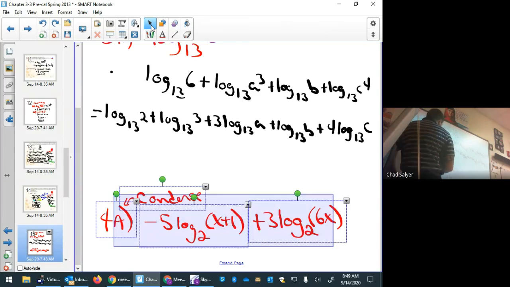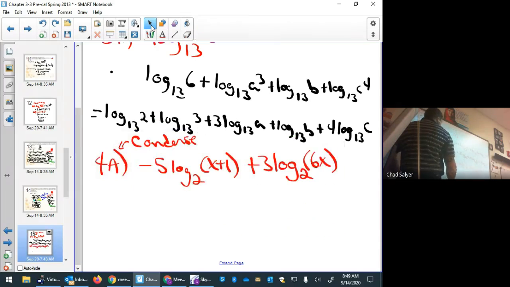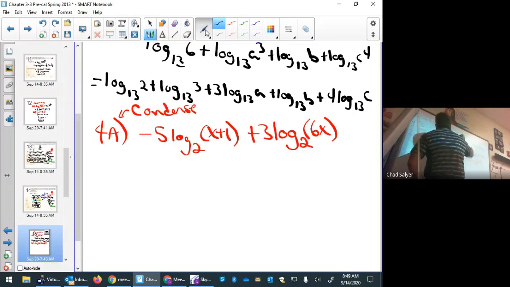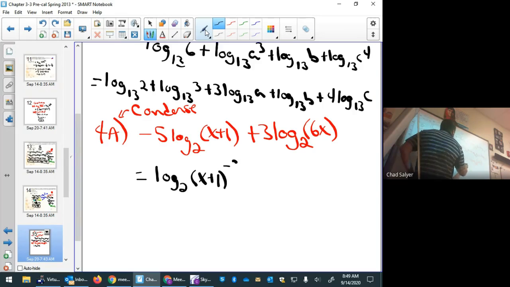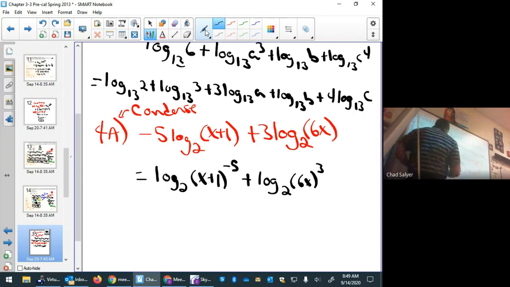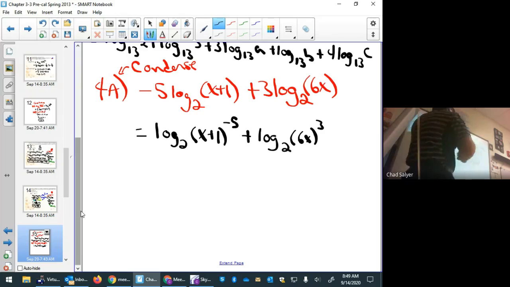Then for the second one, something to me is less satisfying about expanding. I don't know why. Condensing is more satisfying. So this is log base 2 of x plus 1 to the negative 5 plus log base 2 of 6x cubed. And there's a really common mistake here.